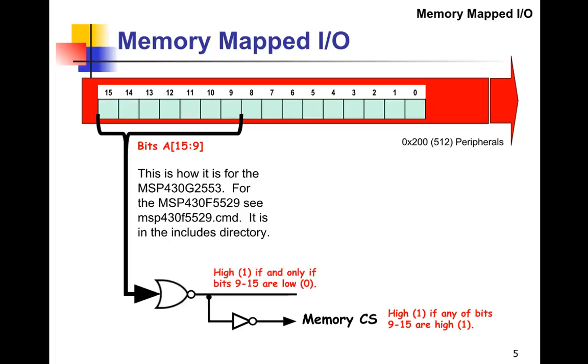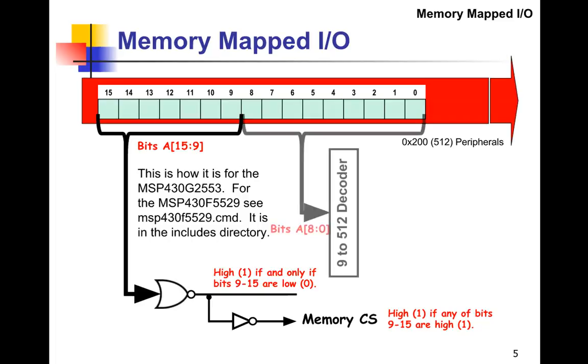So the output is high if and only if bits 9 through 15 are low. That means we're in the lowest 200 hex bytes.